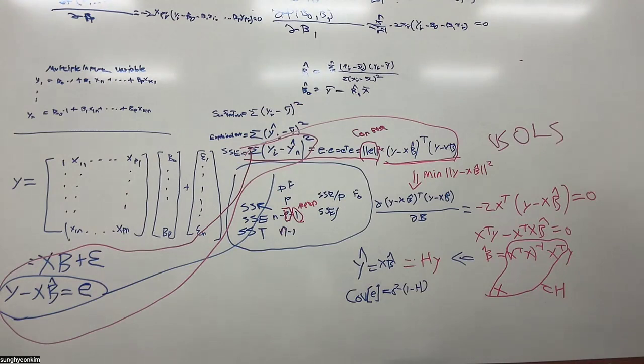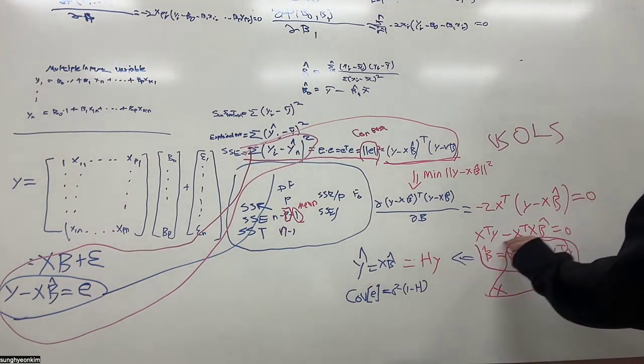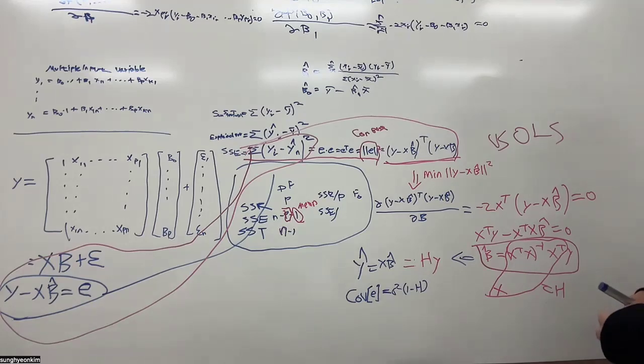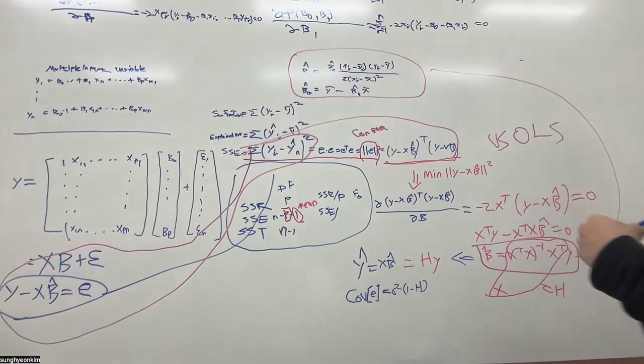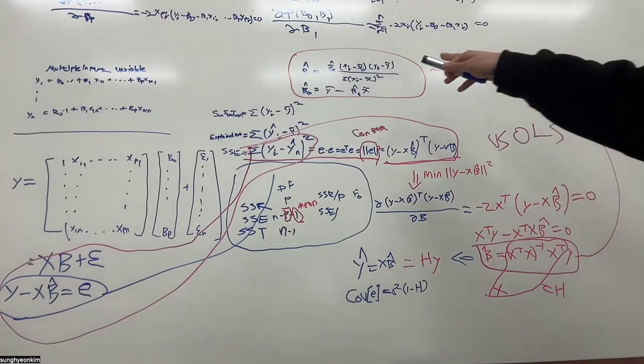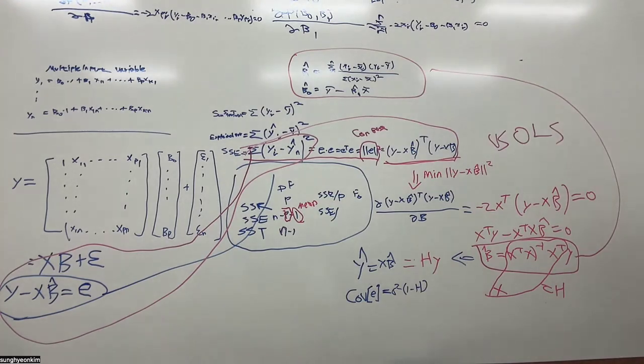So based on the calculation, wait a minute, b1 hat equals the sum of (x minus x bar)(y minus y bar) over the sum of (xi minus x bar) squared, and b0 hat is y bar minus b1 hat x bar.